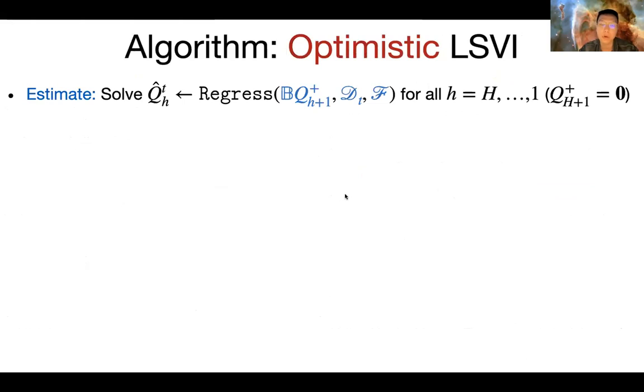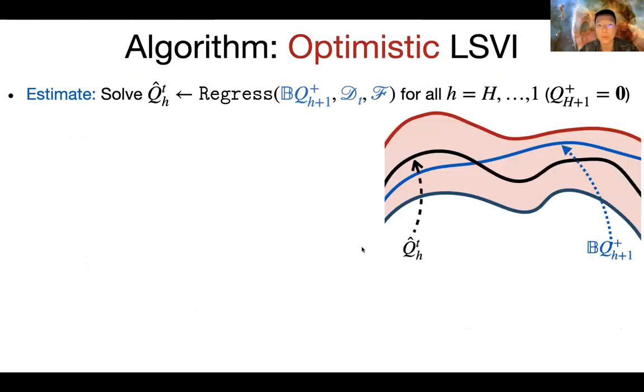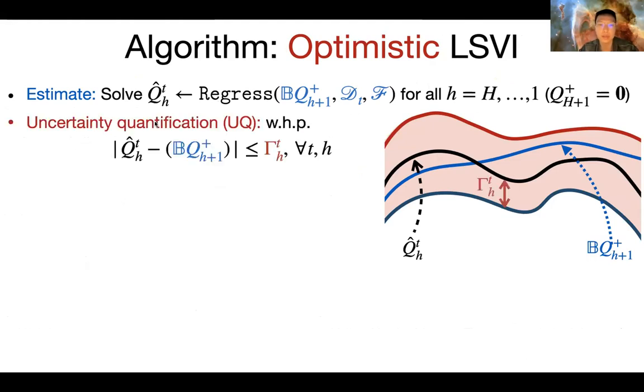In terms of algorithm design, we propose a modification of the LSVI algorithm. Similar to classical LSVI, we first solve a regression task using the current data, and our goal is to estimate the right-hand side of the Bellman equation.